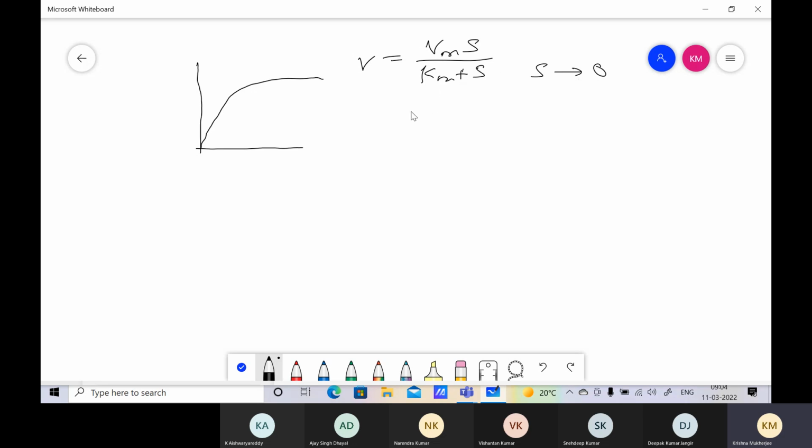As S goes to 0, this approximately becomes Vm by Km into S, which becomes a simple first order reaction kinetics with this equal to Ks. And this is the part that I was really talking about. So really, if we can take a derivative at S.